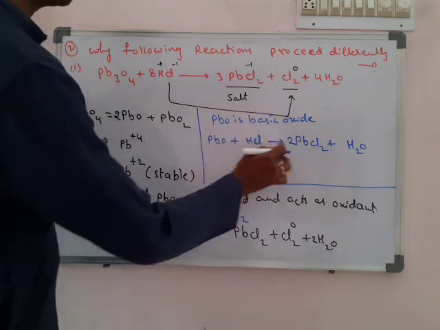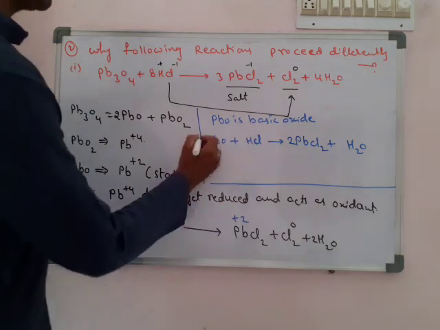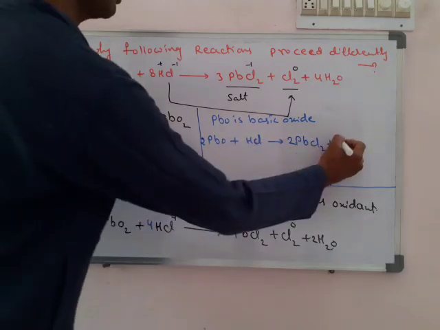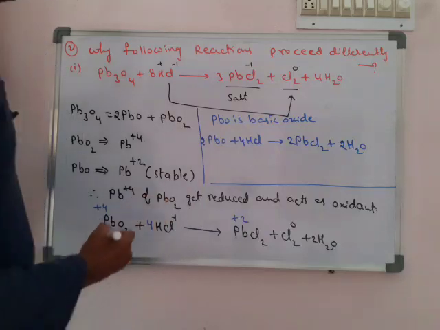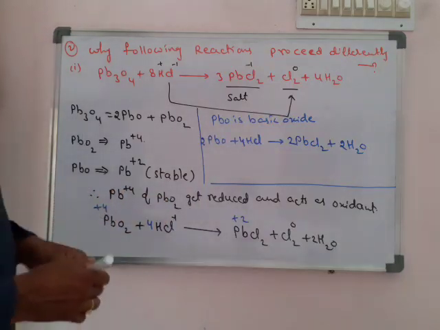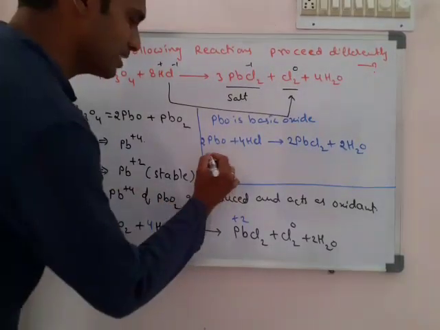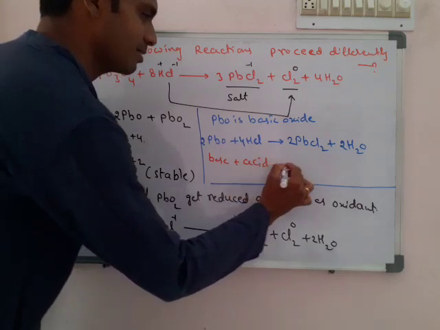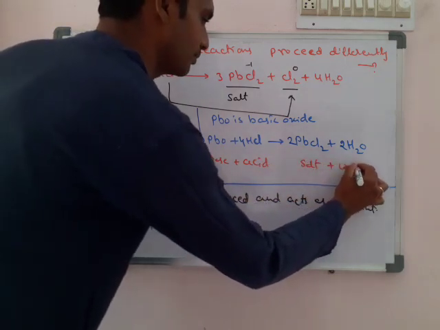So 2 lead and again 2 lead. 2 oxygens. Here it should be 2 oxygens. 4 HCl. So this is the acid base reaction. So in this reaction there are 2 parts. Here it is a base plus acid reaction forming salt plus water.